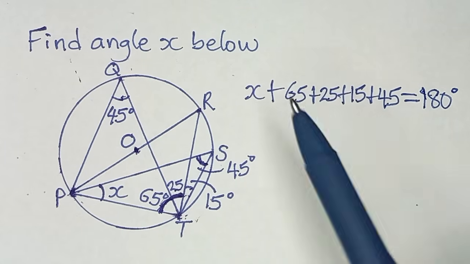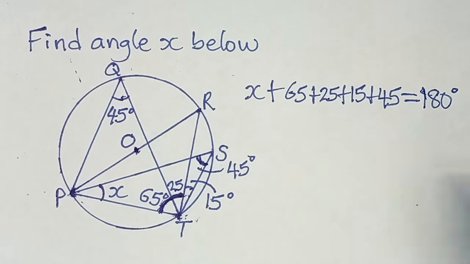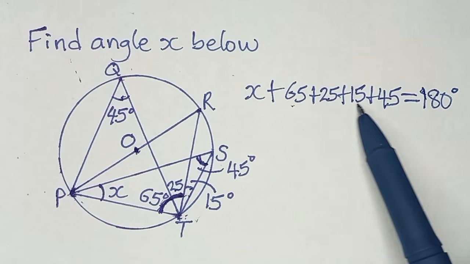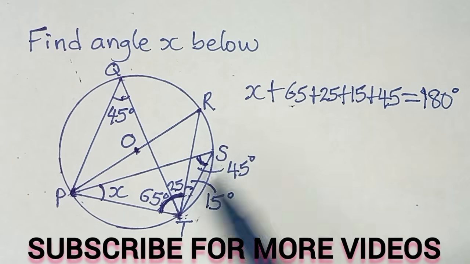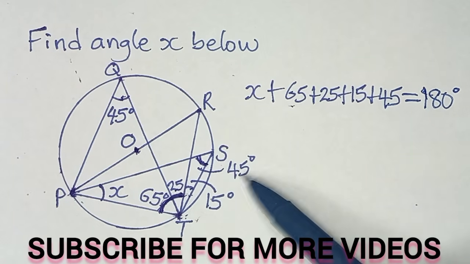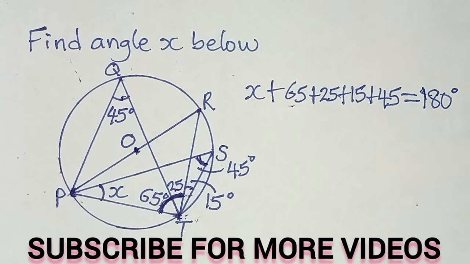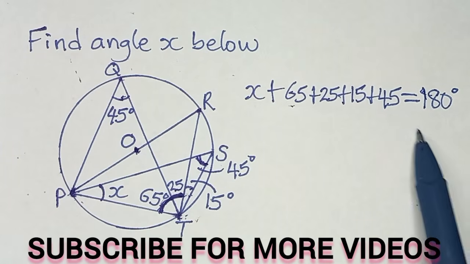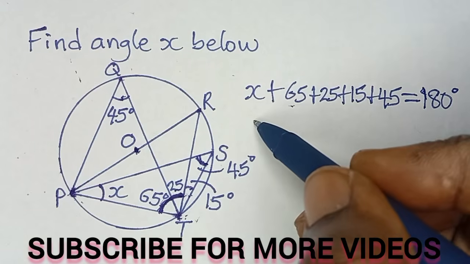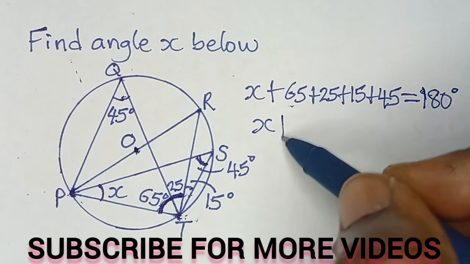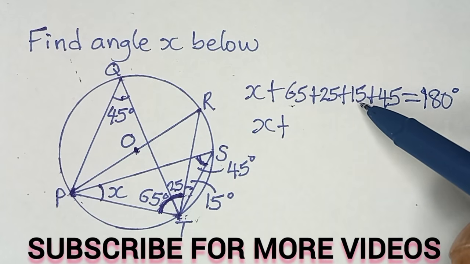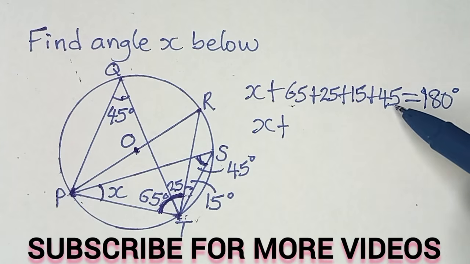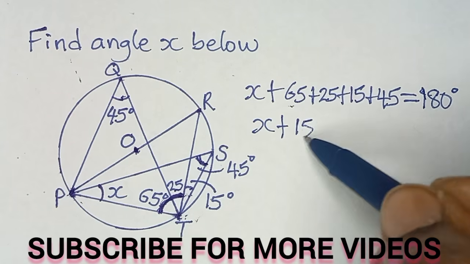Don't forget, I have angle X, which is this. I have these three forming one angle, the whole of this, and then I have 45 degrees, which is this last one. These three angles of the triangle add up to 180. Then I can say X plus 65 plus 25 is 90. 90 plus 15 gives us 105. 105 plus 45 gives us 150.